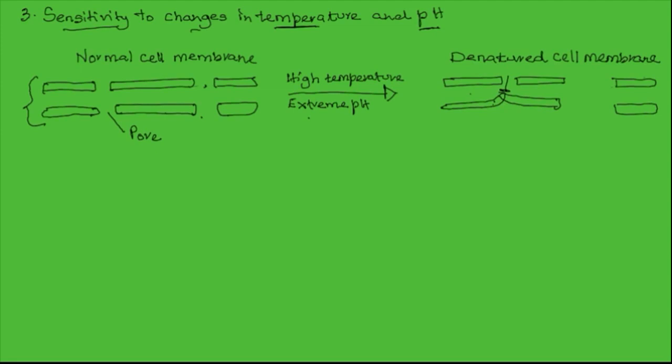Or because of the deformity, the pores become too wide such that there is no control or regulation of the substances that move through, and those particles and molecules that previously could not pass through will move through freely, such that what results from the deformation and or denaturation of the cell membrane is loss of semi-permeability.